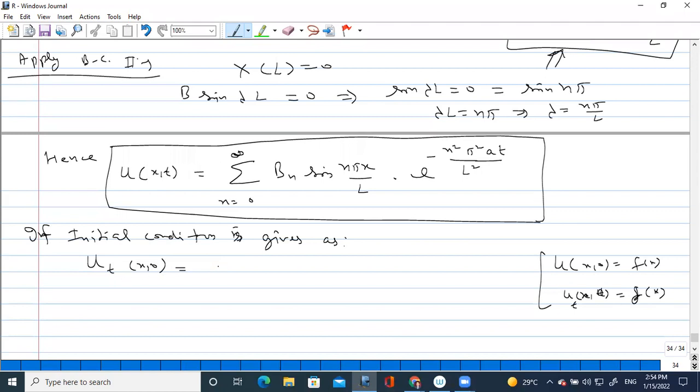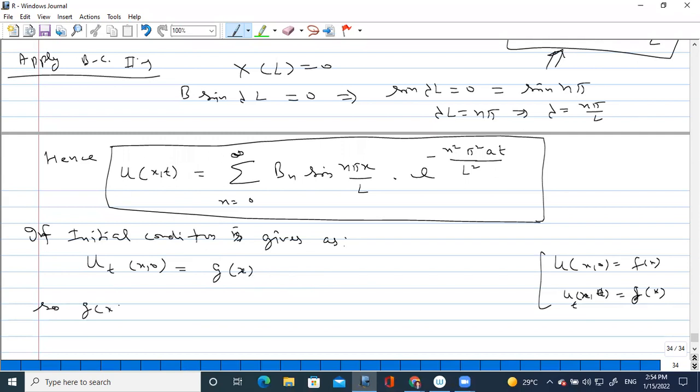So this condition will be denoted by g(x) only, but you never name it initial velocity, you just give it initial condition. So this is your initial condition. Okay, so if you are applying this initial condition, so g(x) will be what?